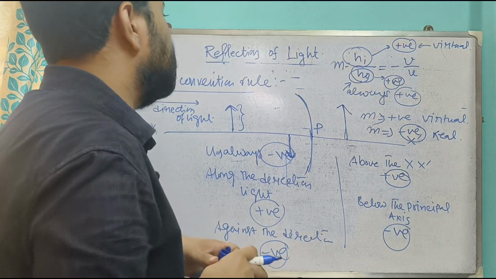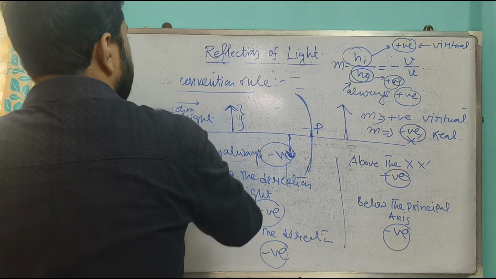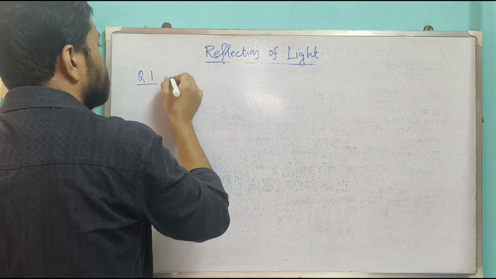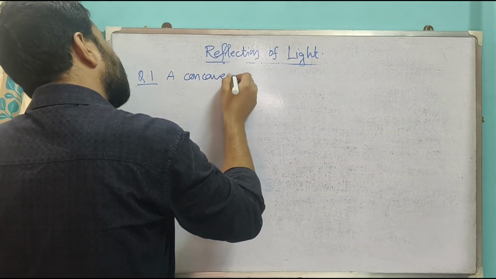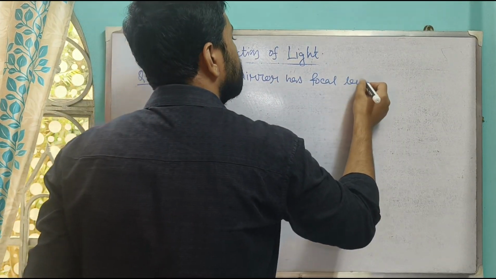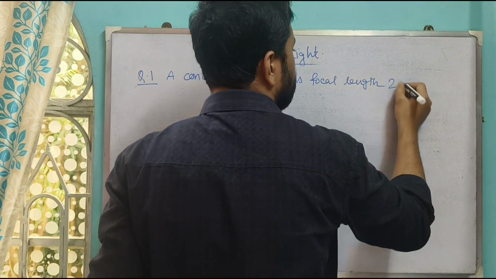Okay. Now we will solve a numerical based on this formula. Write the question. A concave mirror has a focal length of 20 centimeter.